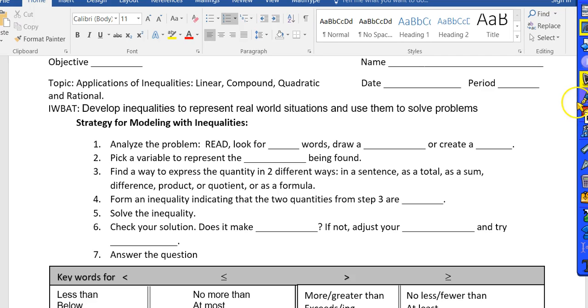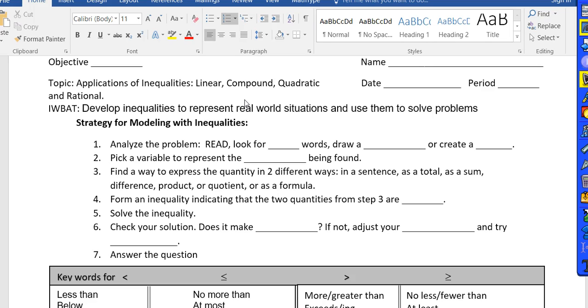All right, so our instructional objective is to develop inequalities to represent real-world situations and use them to solve problems. Here's the thing. When it comes to word problems, it's not your ability to do the math, because you have the ability to do the math. It's always a barrier from translating the words into the math.